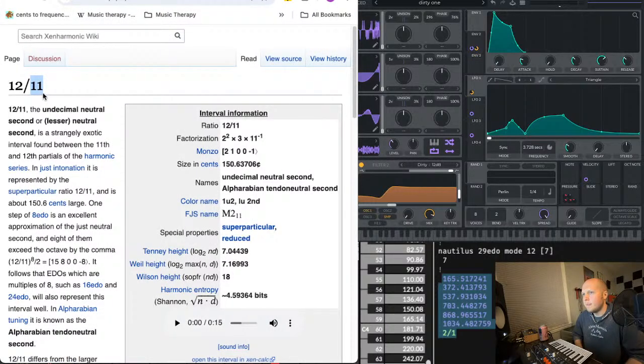But some intervals can be broken down into smaller intervals. So if you were to stack smaller intervals, so 12 for instance, the 12th harmonic is just the third harmonic 2 octaves higher.